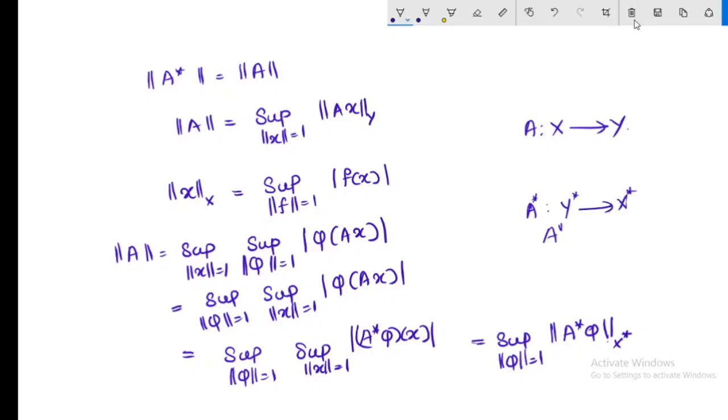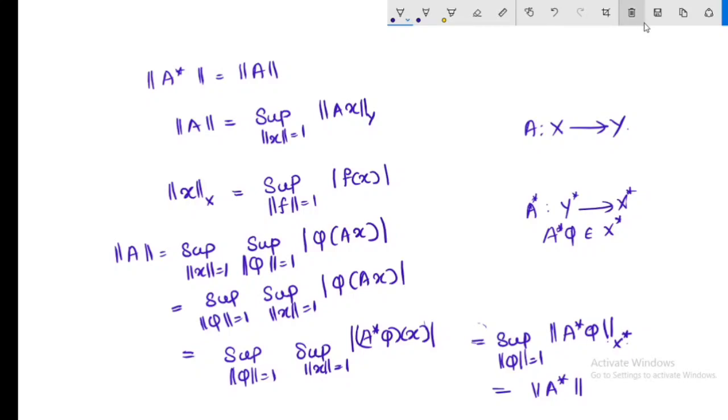Therefore A star phi belongs to X star, therefore the norm is under X star. Here supremum over norm of phi equal to 1 of norm of A star phi is equal to norm of A star. Norm of A is supremum over norm of x equal to 1 of norm of Ax, and here supremum over norm of phi equal to 1 of norm of A star phi, which is equal to norm of A star.